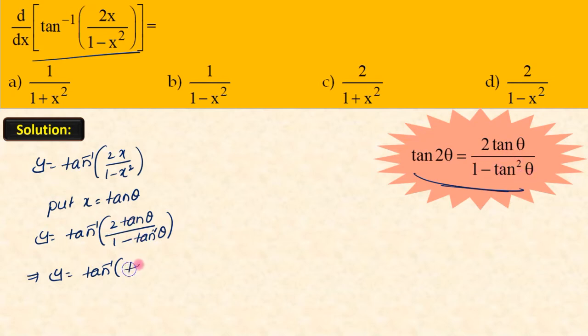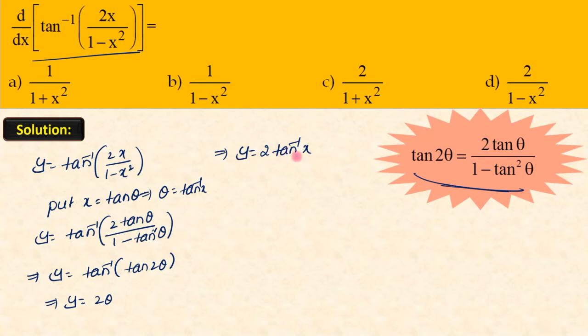So here tan 2 theta. This implies y is equals to tan inverse of tan 2 theta is 2 theta. That implies y is equals to 2 into, from this theta is equals to tan inverse x. So here tan inverse x.